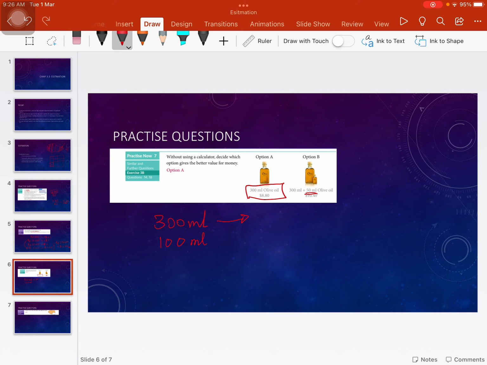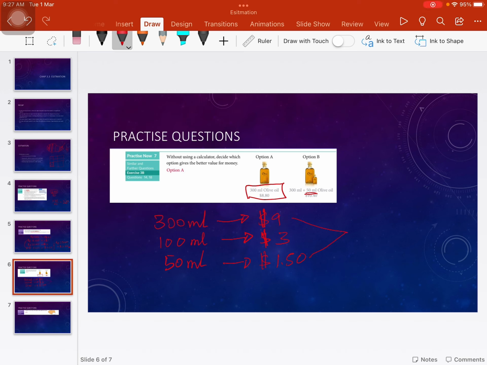So change this to $9 because that's the closest to $8.80. So how much does 100 ml give you? You divide by 3 and you divide by 3 on both sides, you get this. And for 50 ml, how much do you get? You divide by another 2. So you get $1.50.